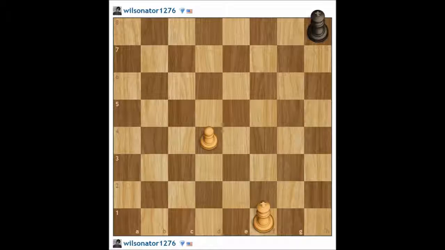I would probably try to play this kind of a idea, but best is to go to a side where you will get there first, and once you're there, you'll be able to have the opposition. So this is just an interesting endgame, and that's the best way to play it.